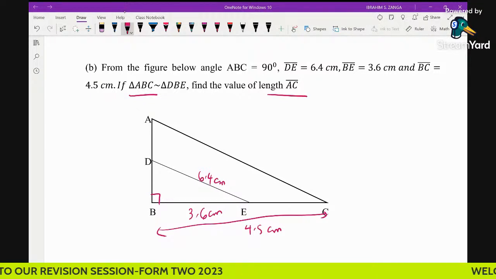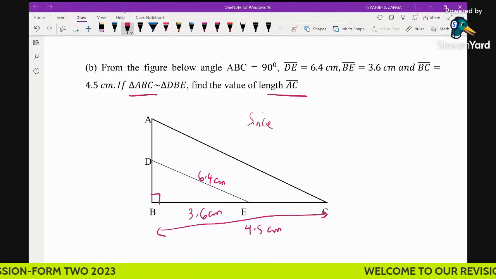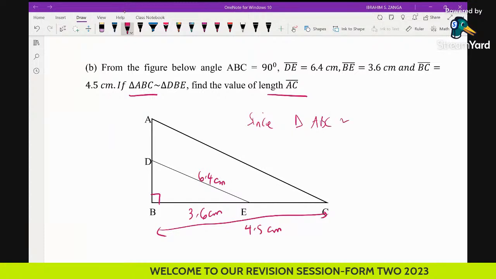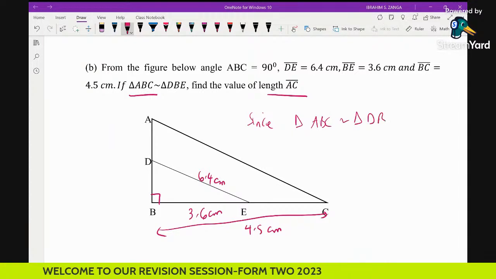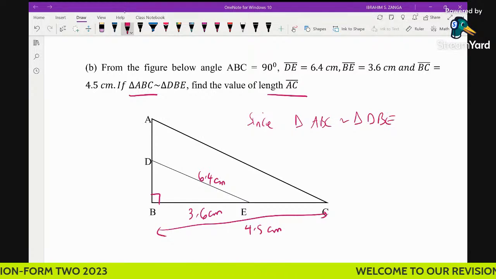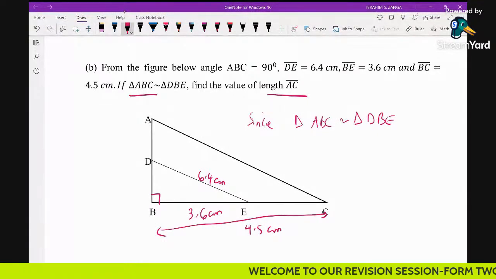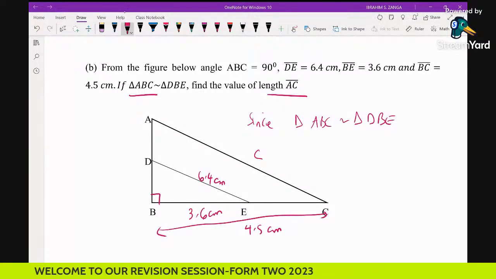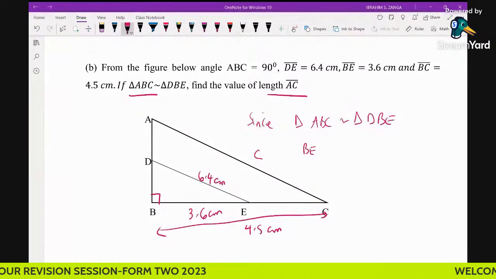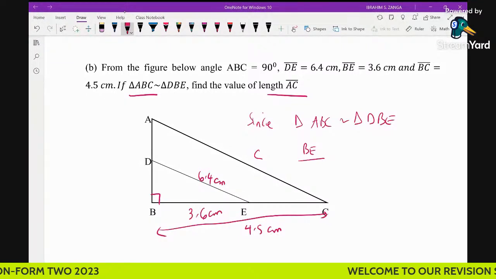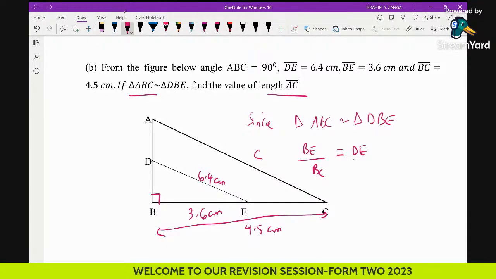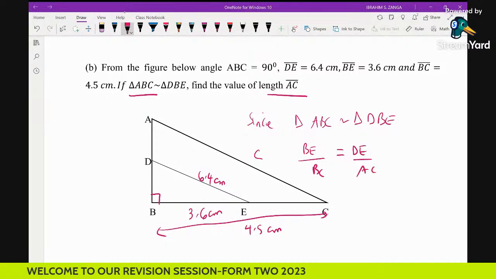So since triangle ABC is similar to triangle DBE, it means the ratio of corresponding sides are equal. And so we can say here that we're looking for AC, okay? So I can say that BE divided by BC is equal to DE divided by AC.